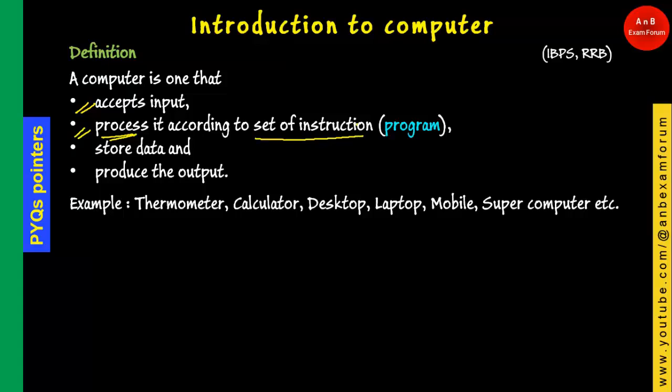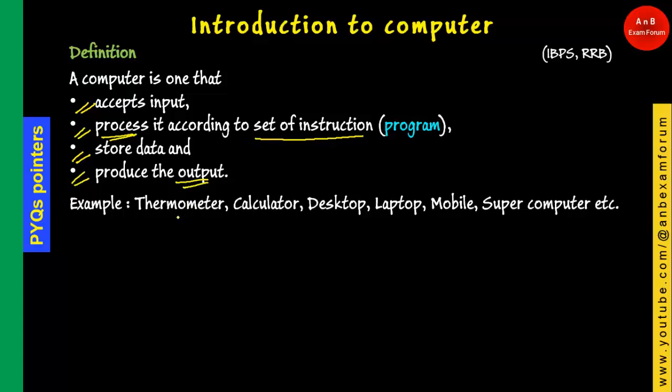Okay, and once it processes it, it is going to generate some result that we know as output, and during this process the computer needs to store the data, so it stores the data also. Okay, a very simple definition. I repeat once again. Computer is one device which accepts the input, processes it, stores it and produces the output.